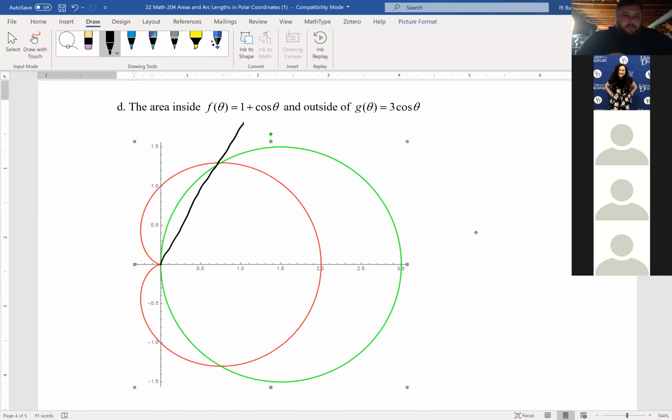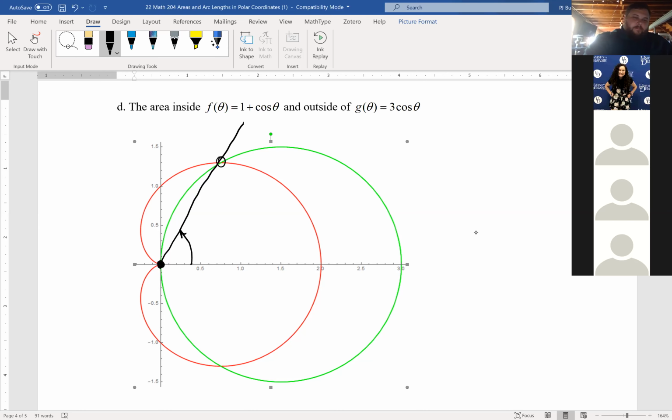So the angle at this point for both of them will be the same. However, at the pole, I can't draw a line through there.